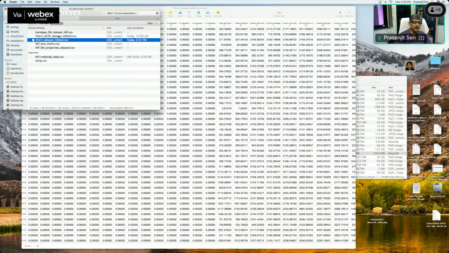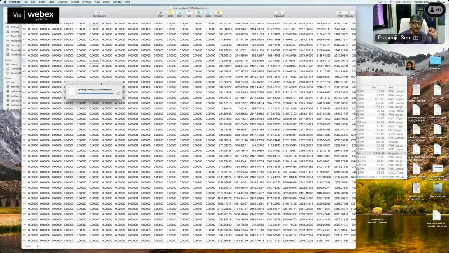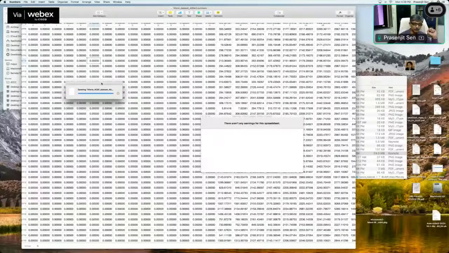Whereas let us look at another feature for the same set of materials, and this time we have calculated ACSF. This also I had shown you. Basically, the point is I'll show you once it opens.